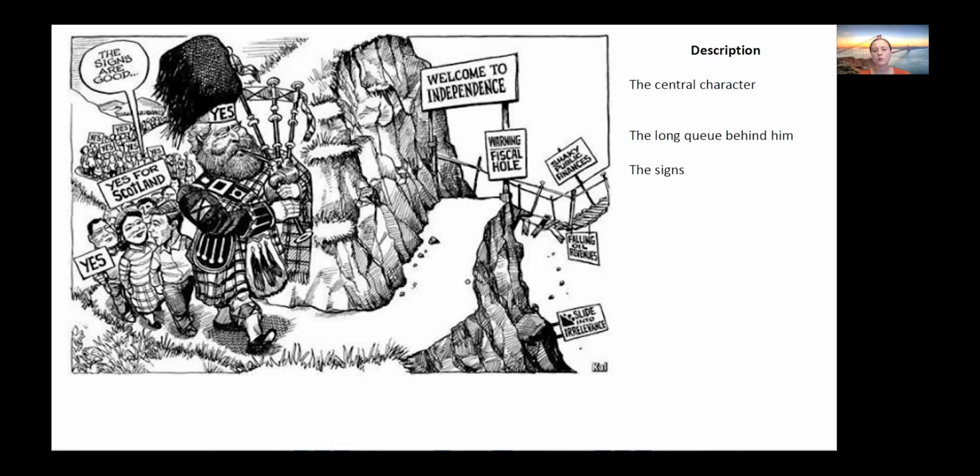These people, which are unidentifiable, they wear signs on which we can read "Yes for Scotland." So from this, you can deduce that these people behind the central character are supporters of the independence. So this is for the left side of the cartoon.